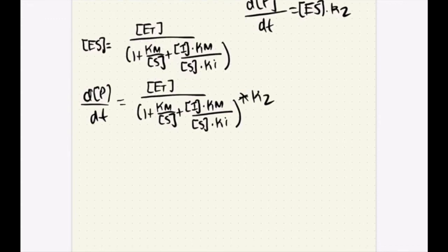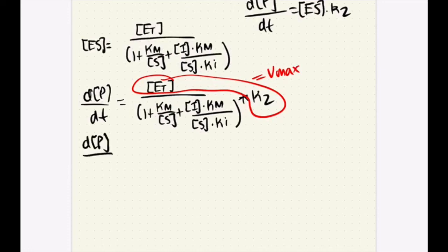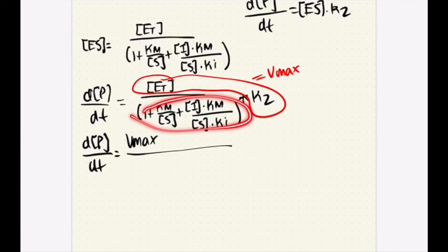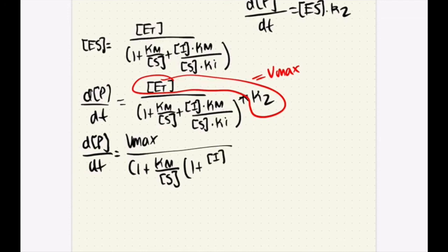So now we have this, and we can firstly substitute this right here to equal Vmax. So we have the rate of product concentration over time is equal to the Vmax. And we can further simplify some of this down here. So the first thing that we can do is take out the Michaelis constant over the substrate concentration and make this 1 plus the inhibitor concentration over the inhibition constant.